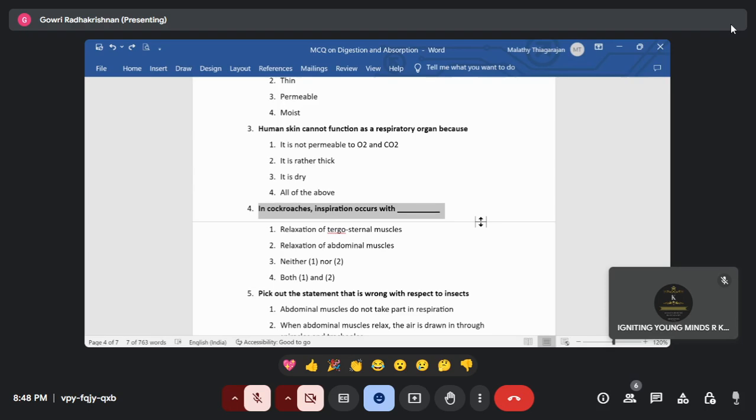It does not get cut. That means your skin is rather thick and it is a little dry. It is not very moist all the time. You have to apply a moisturizer to make it moist, isn't it?